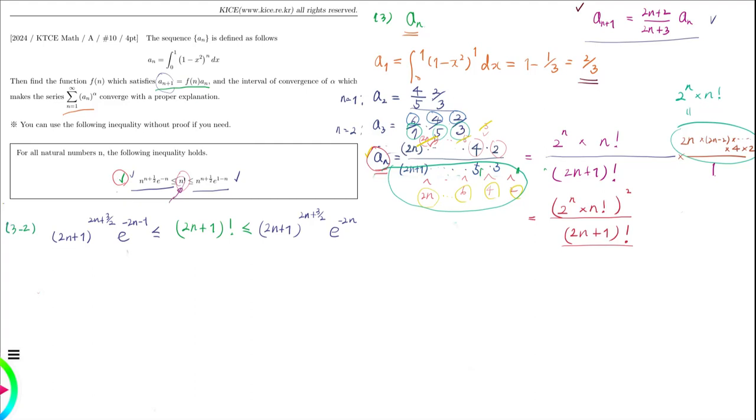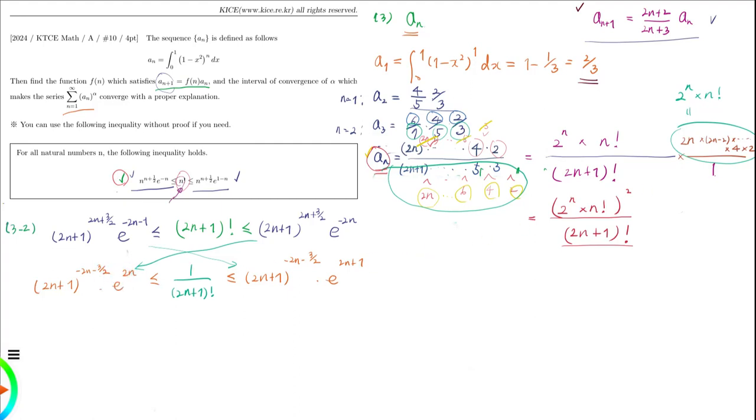And we need its inverse, so its inverse will be 1 over 2n plus 1 factorial, and we take an inverse and switch its position because they are positive, and we have 2n plus 1 to the minus 2n minus 2/3 times e to the 2n plus 1, and for the lower bound, 2n plus 1 to the minus 2n minus 3/2 times e to the 2n.